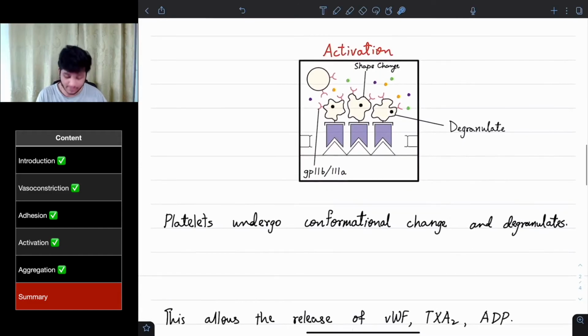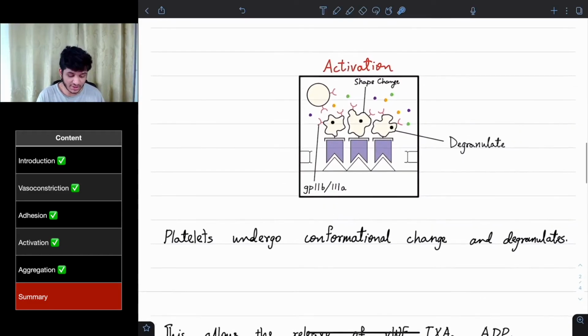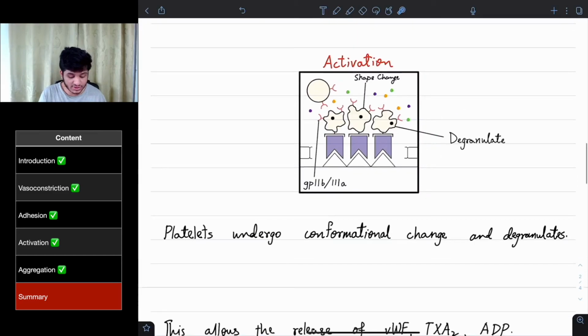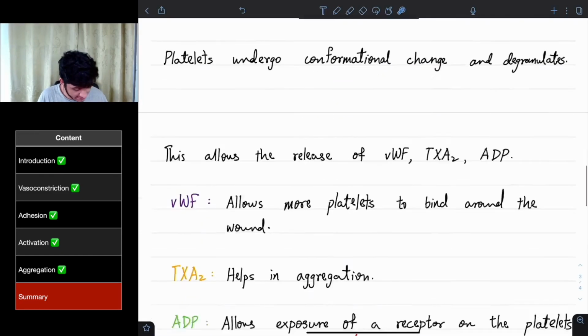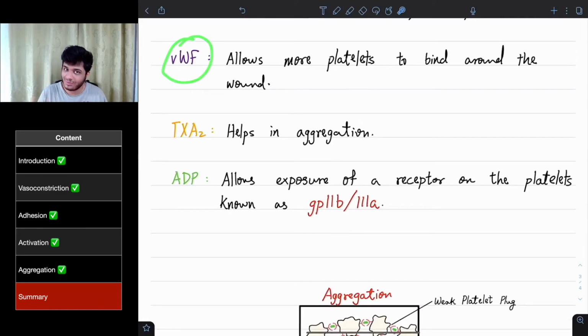And the third step, which is activation, we said that the platelets undergo something called a conformational change, or shape change, and they degranulate, okay? What is degranulate? Degranulate means it releases granules, and these granules contain more VWF, von Willebrand factor, which allows more platelets to bind around the wound.